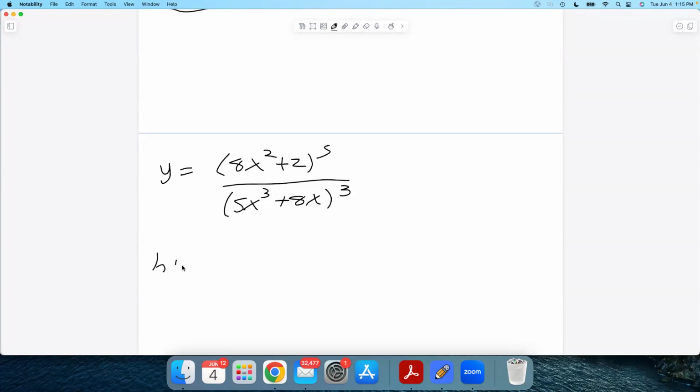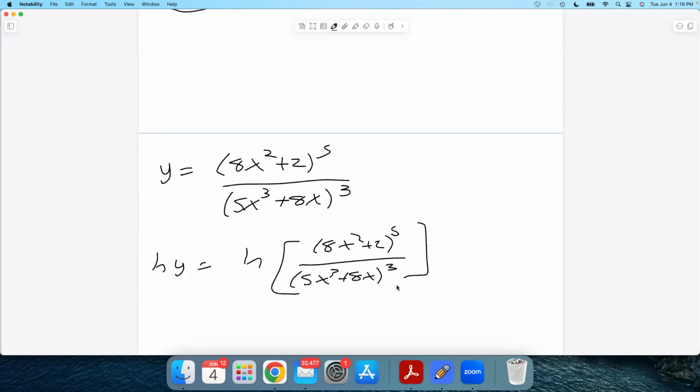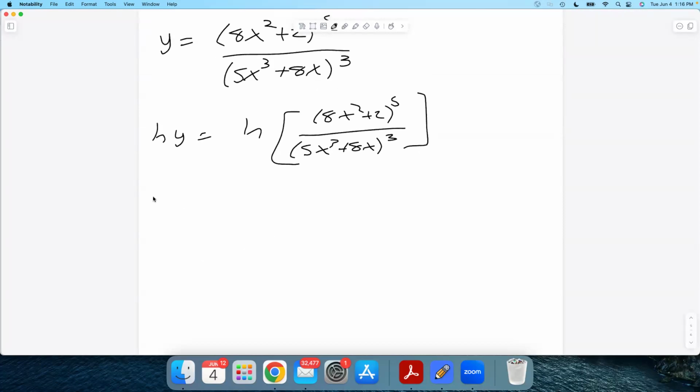So we take the log of both sides. Now we got to remember rules of logs. Log of a fraction will be log of the top minus log of the bottom, and then I can pull these exponents out.